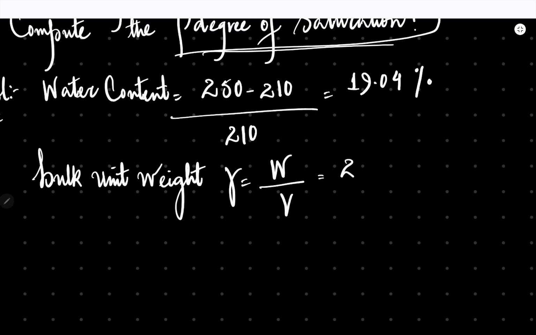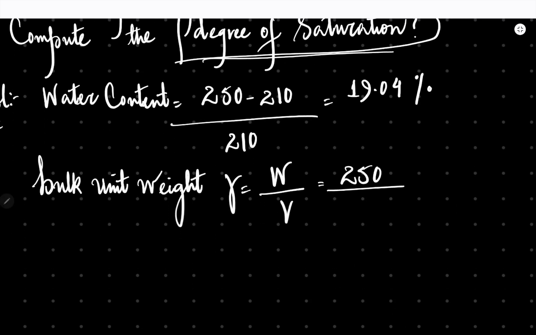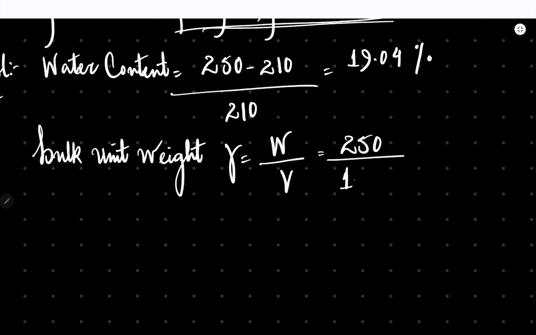Volume of sample is 150 cc. So upon calculations, this will become 1.66 grams per cc.